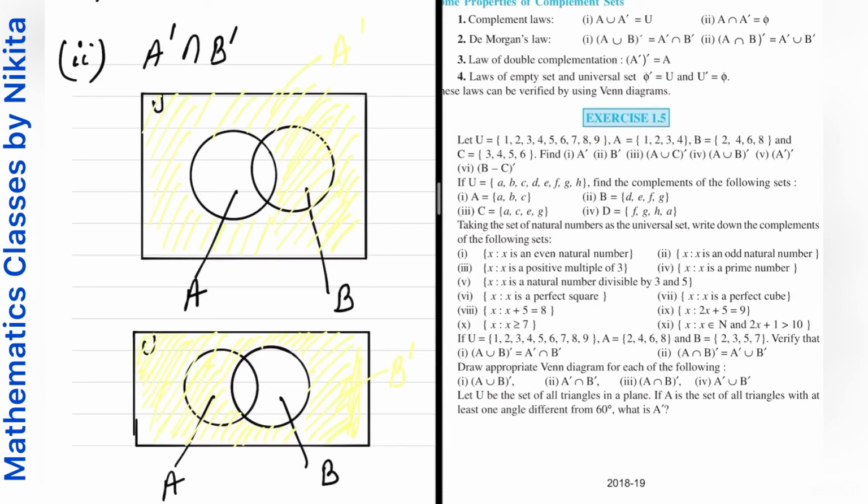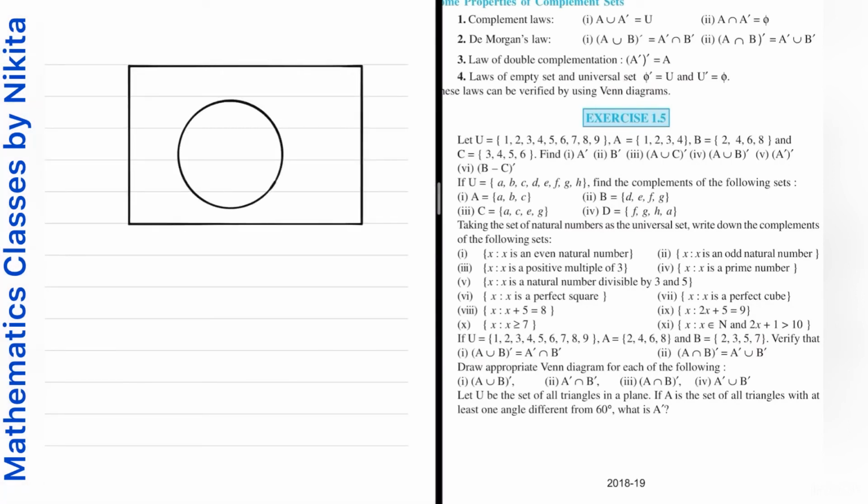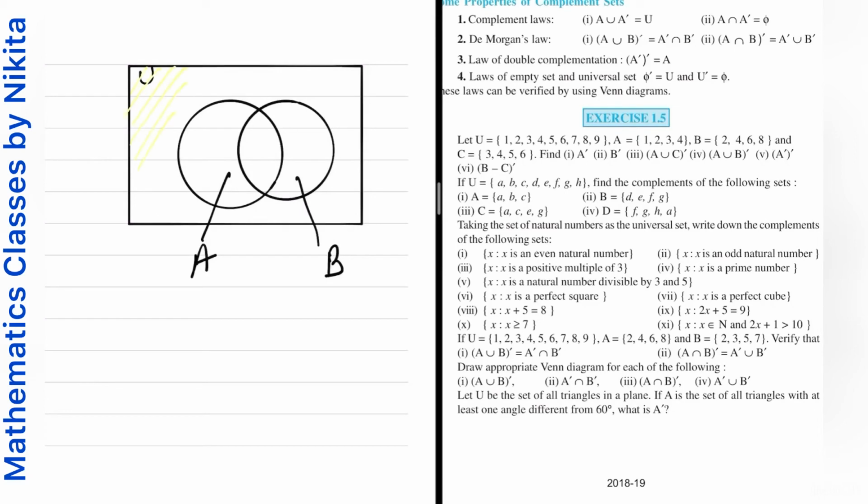So the common elements would become, this was your A, this is your B, and the common elements will be, you can just see both the figures and then you will come to know that the common elements are those elements which are neither in A nor in B. So this is your A complement intersection with B complement.